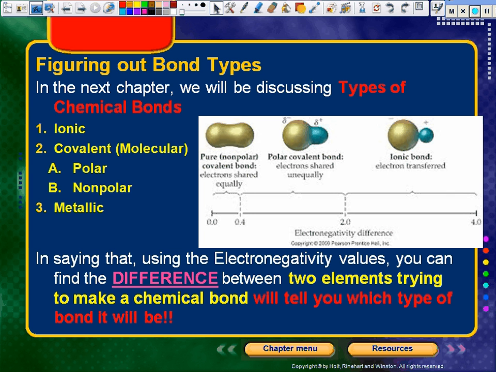What is the third type you've never talked about? A metallic bond, a bond between metals. I do want you to write this underneath metallic, and we'll talk about it next chapter. Please write this down: the sea of electrons, like the ocean sea.